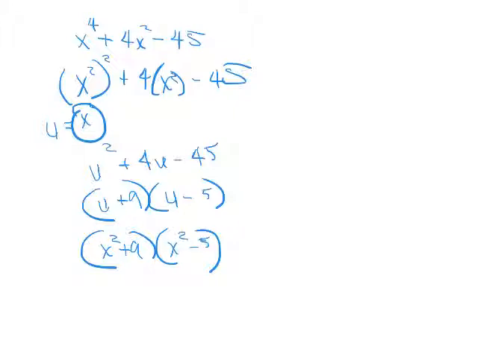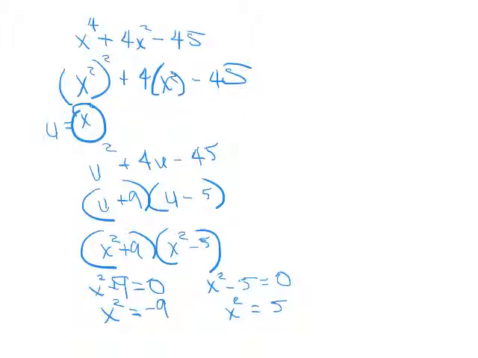And then that's where we get x squared plus 9 equals 0, and x squared minus 5 equals 0. So we have x squared equals 5, x squared equals negative 9. Take the square root of both sides.